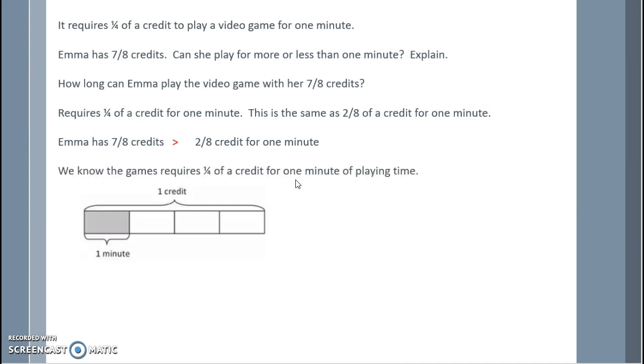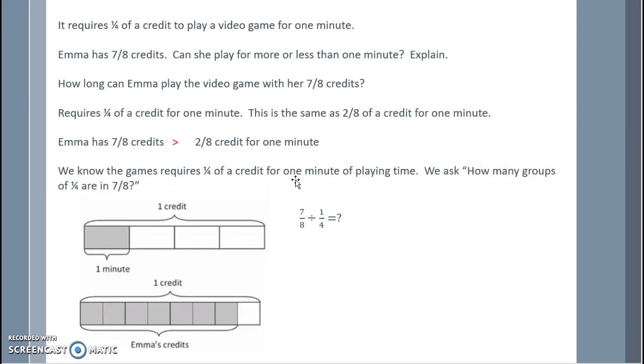We know the game requires 1/4 of a credit for 1 minute of playing time, so the entire bar is 1 credit, and we're interested in 1 minute, which is 1/4. We know that Emma has 7 eighths.